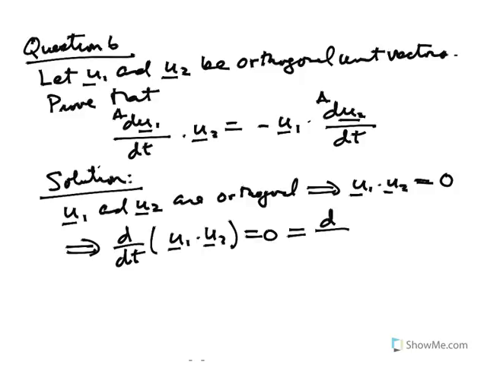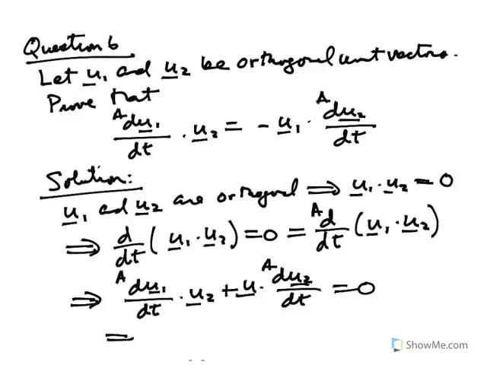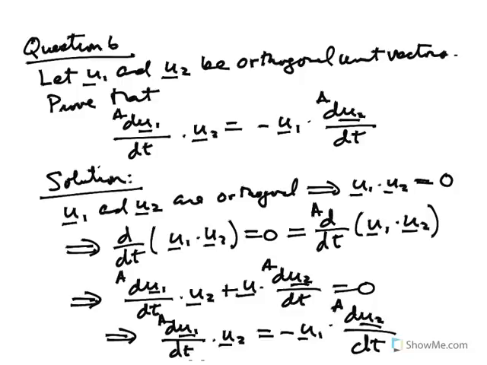So that's the same thing as taking the rate of change in A of u1 dotted with u2, which implies that du1 dt in A dotted with u2 plus u1 dotted with du2 dt in A is equal to 0, which implies that du1 dt in A dotted with u2 is equal to minus u1 dotted with du2 dt in A.